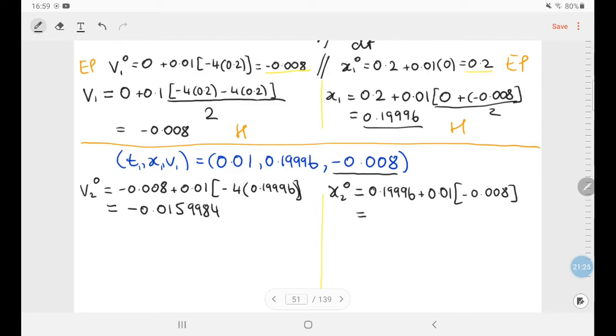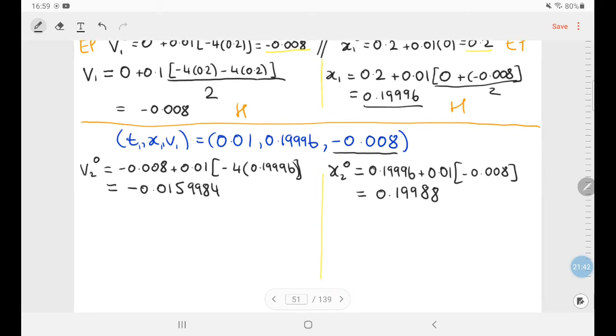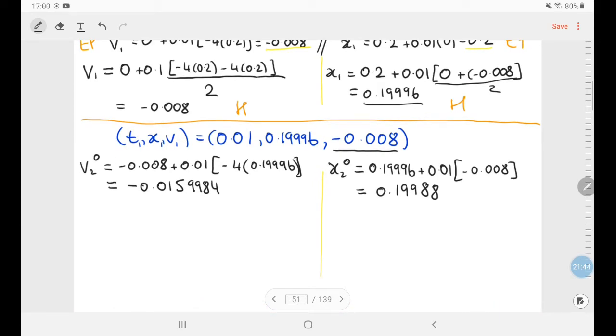So this is 0.19996 plus 0.01 times minus 0.008, and I'm getting 0.19988.